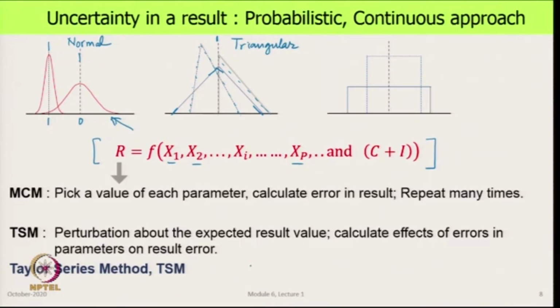And again, as in the case of the normal distribution function, if we have normalized it, this would have a 0 value, otherwise it will have finite values. The third distribution function shown here is the rectangular distribution function.